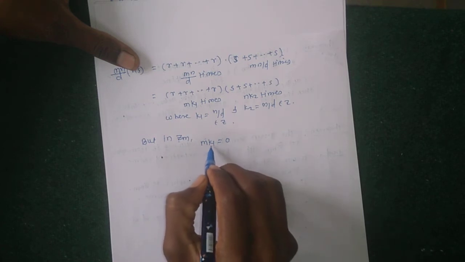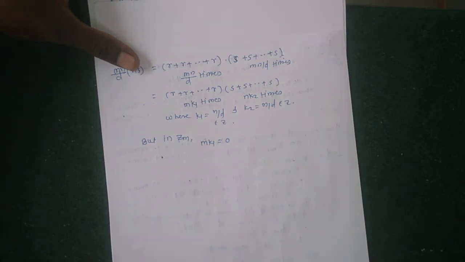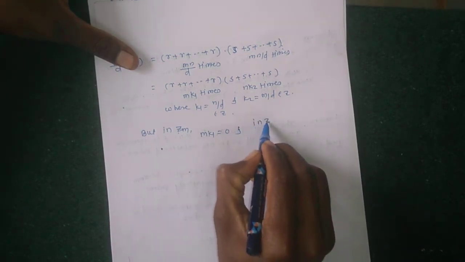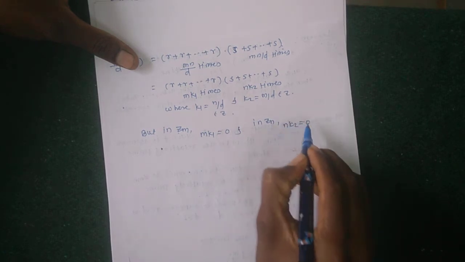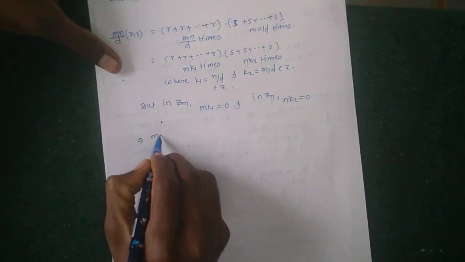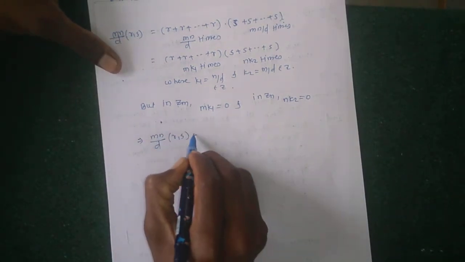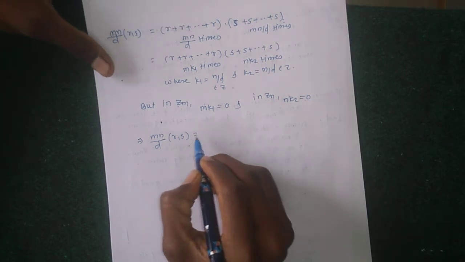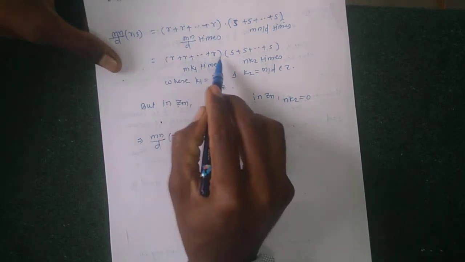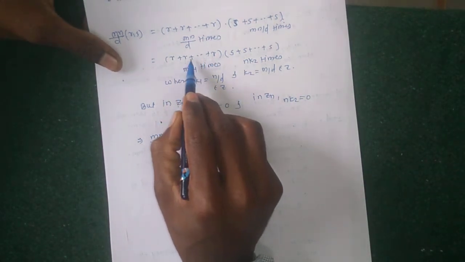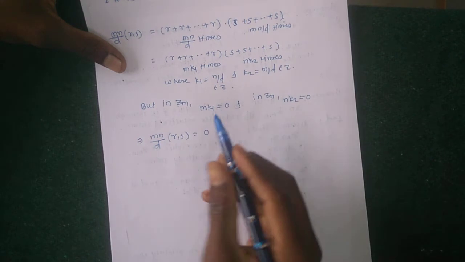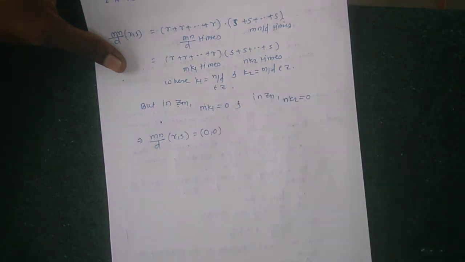So mk1 must be 0 in Zm also, and in Zn nk2 equals 0, which implies that mn by d of RS equals mn by d into RS equals their value mk1 times. This is m into R, and this is n into S. Their value is 0 and their value is 0.